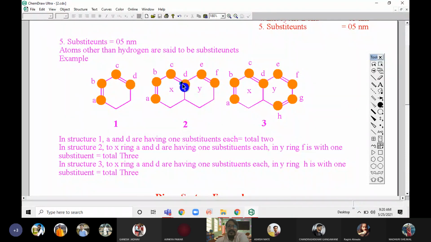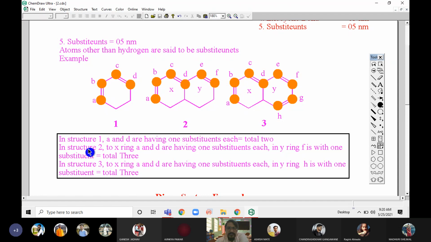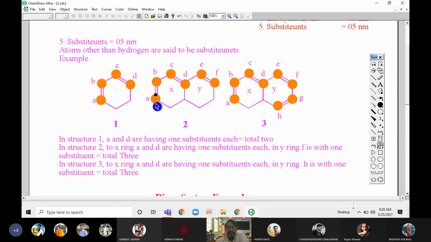Substituent means the bond which is present on these double bonds. Now you can say D is having this substituent, but it is not having this one because it is nothing but a conjugation. So for the second structure, the X ring is having A and D as substituents, one substituent each. So that means X is having 2.